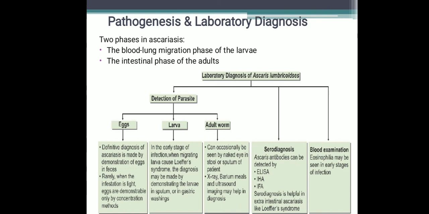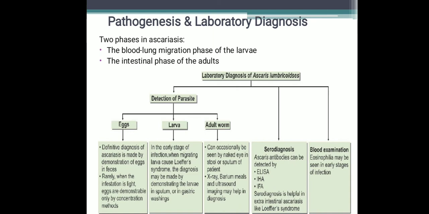Other methods we can perform for detection of the parasite are serodiagnosis and blood examination. In serodiagnosis, Ascaris antibodies can be detected by different methods like ELISA, IHA, IFA.